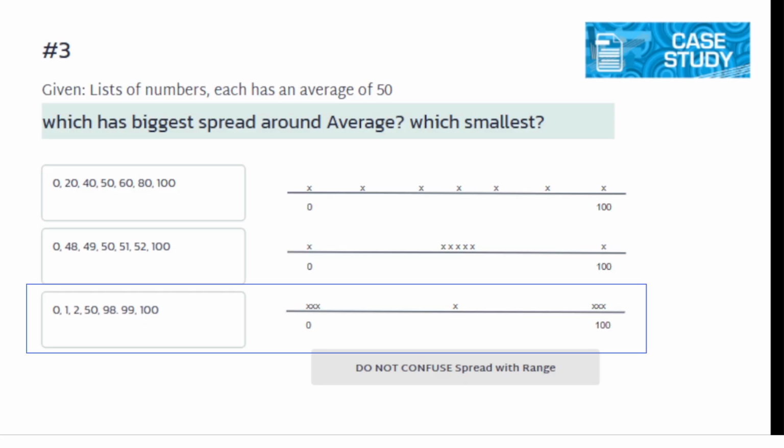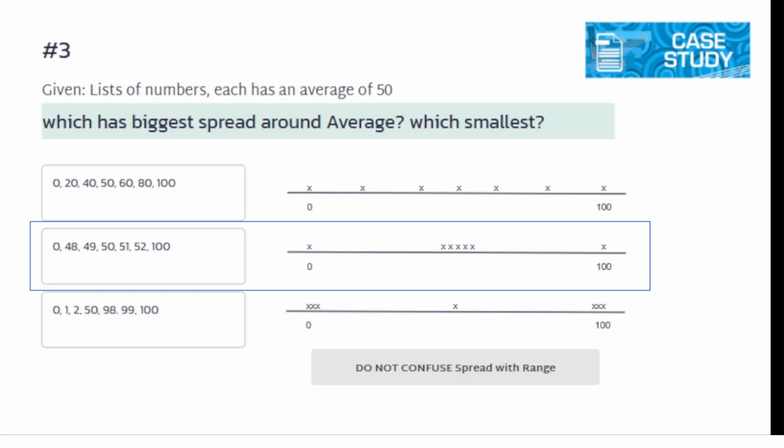You can see, yeah, the minimum and maximum is the same for all, but for the third list, you can see that more numbers are falling farther away from the average. And which one has the smallest spread?